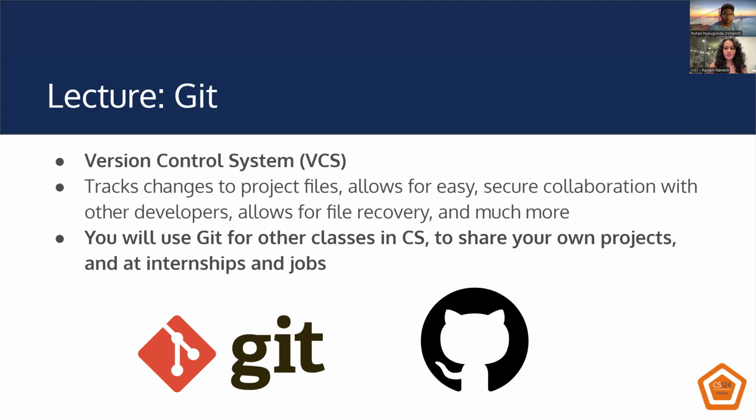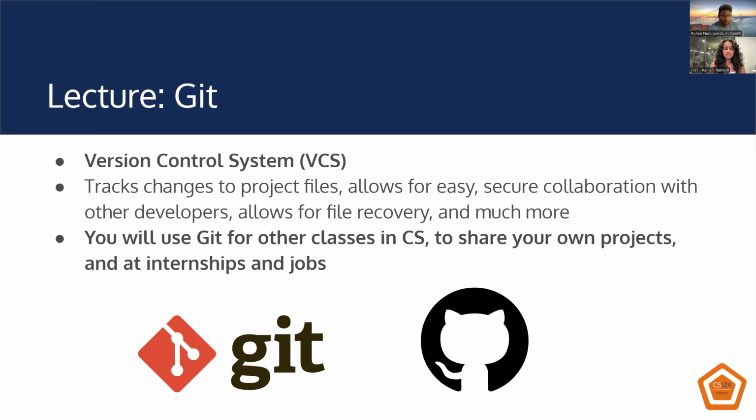One of our first topic lectures is the Git lecture, which is the next lecture in the series. There we'll be talking about the popular version control system Git. This essentially enables you to track changes to project files. It helps you easily collaborate with other developers, which you'll be doing during this project process, and it also allows for easy file recovery and a lot more.